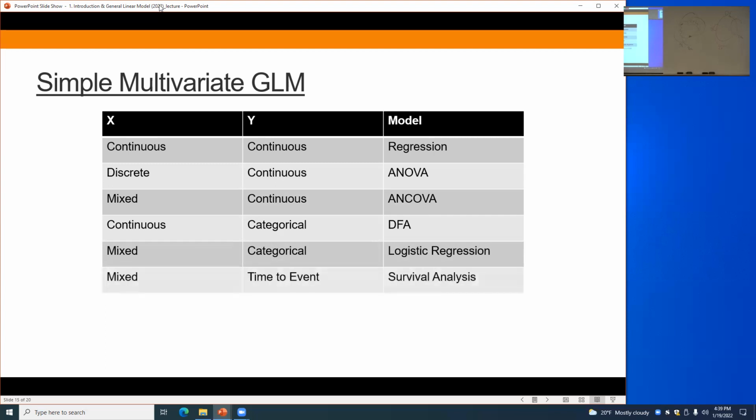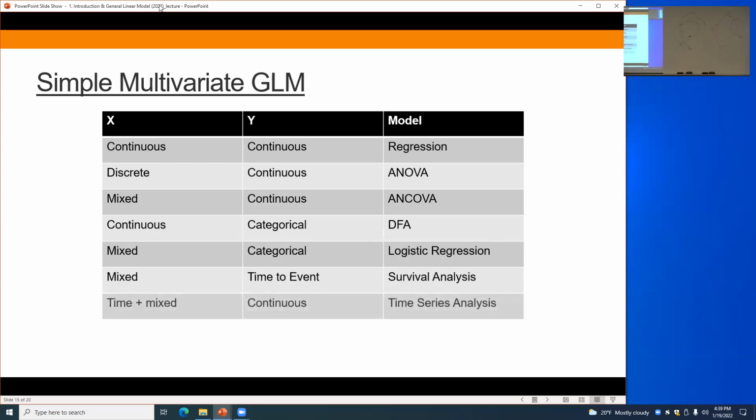If I've got a mixture of continuous and categorical X's and I'm looking at time to something happening, this would be a survival analysis. If I'm measuring time with a mixture of continuous and categorical variables and a continuous outcome, we're looking at time series analyses, right?